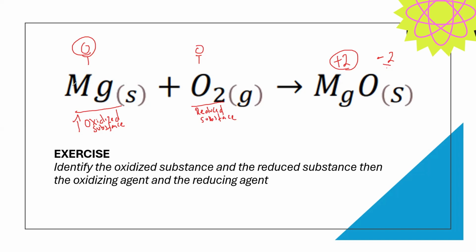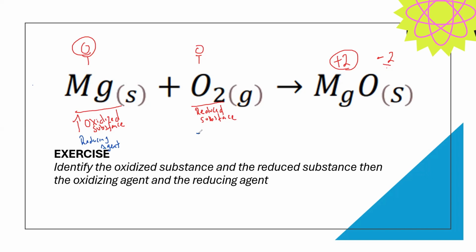Okay? Magnesium is the oxidized substance, right? When magnesium is oxidized, it will be, by the way, the reducing agent, because when it oxidizes, at the same time, it reduces the other, okay?